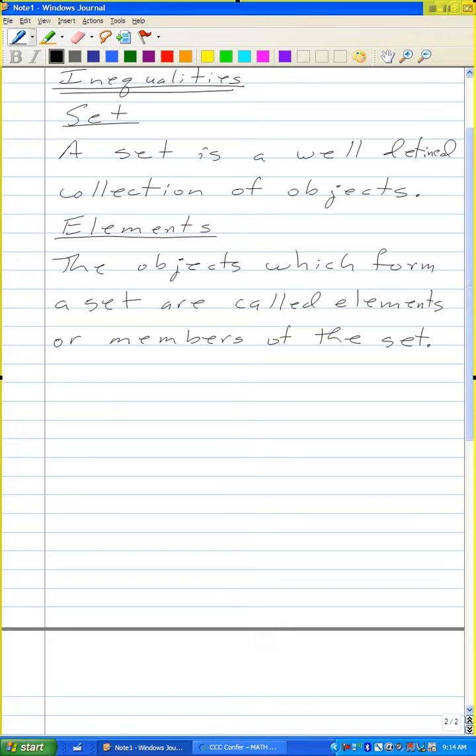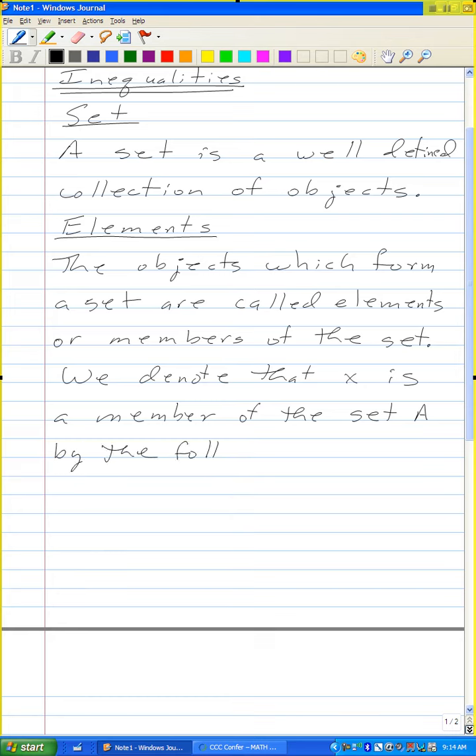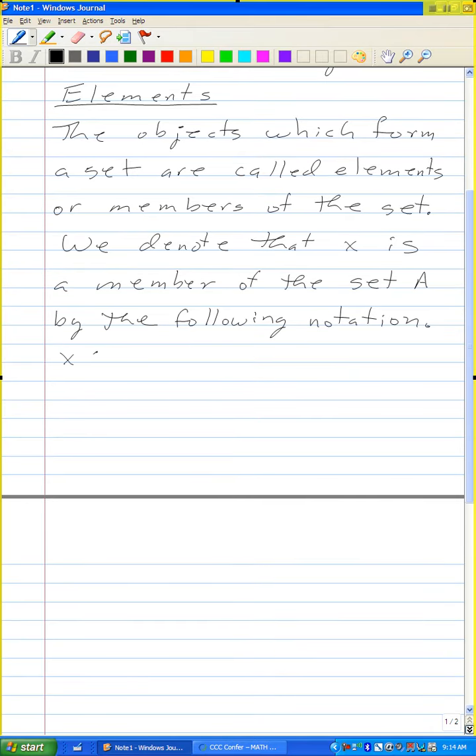So we denote that, let's say x is a member of the set A, by the following notation. x is a member of the set A. And so this symbol means "is a member of."